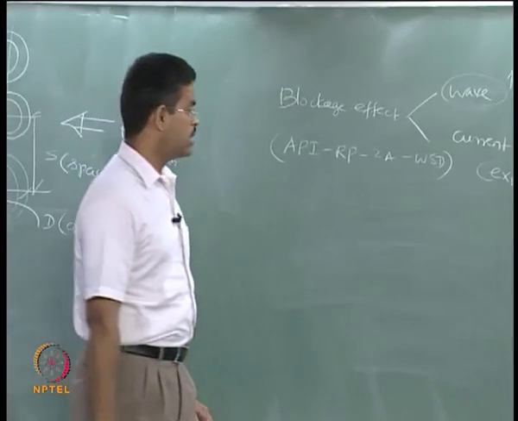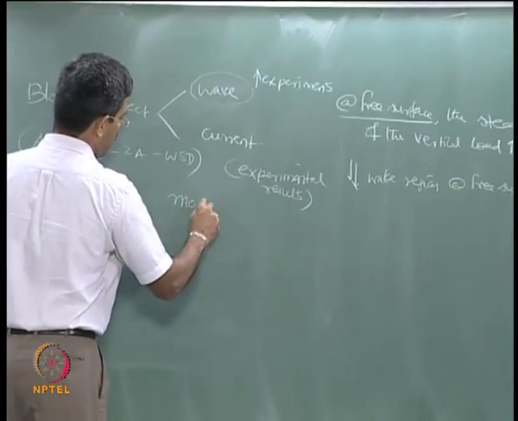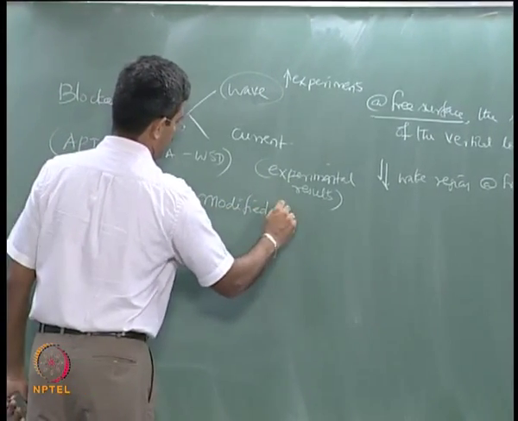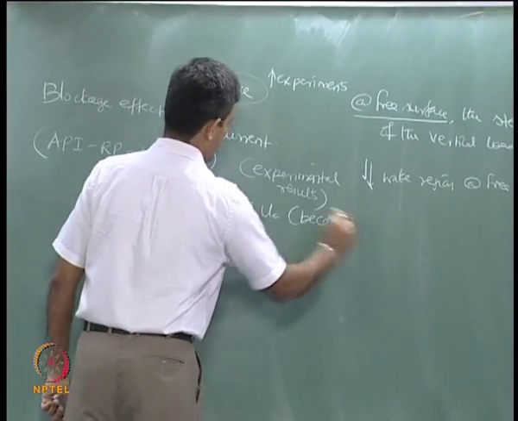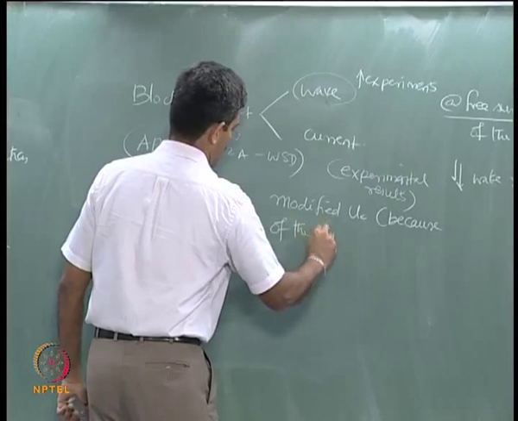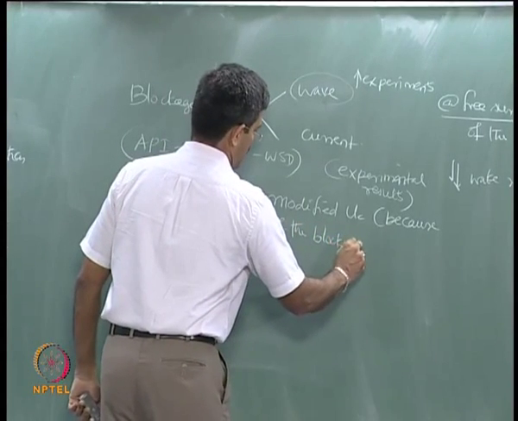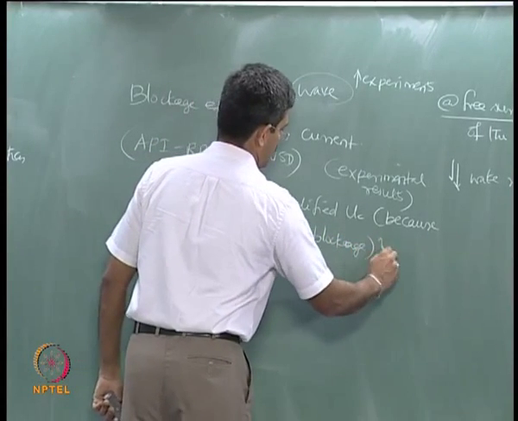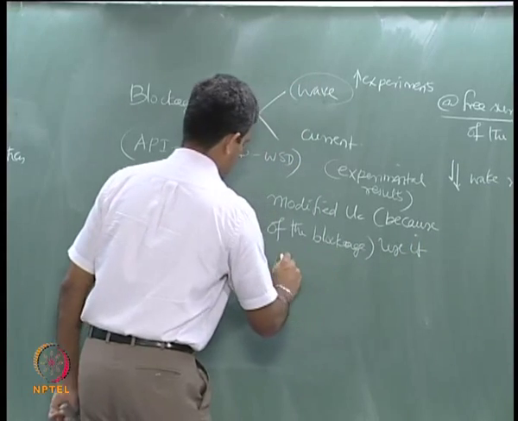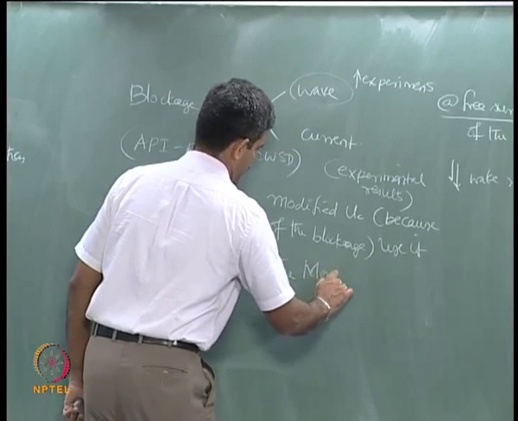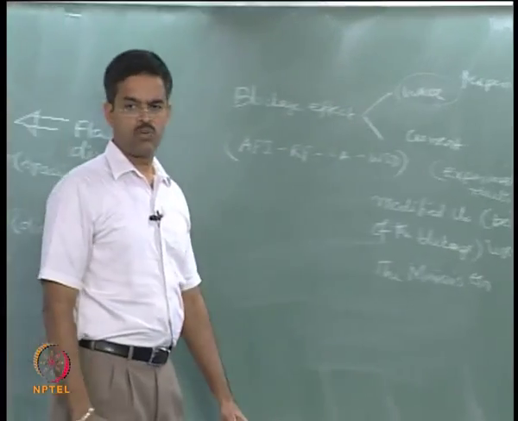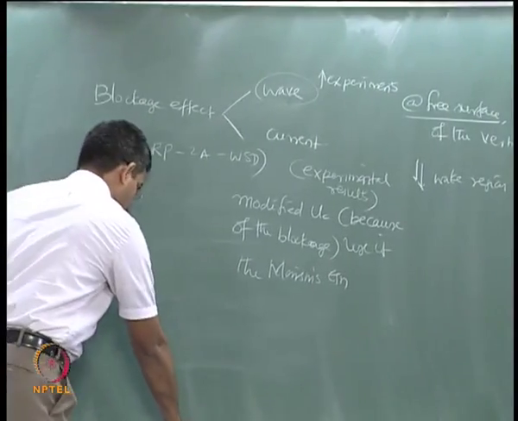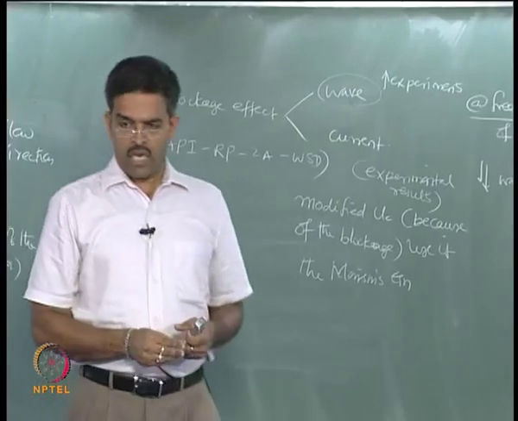Therefore, people say to find the modified current velocity because of the blockage and use it in the Morison's equation. That is what API recommends for the current velocity in case of blockage effect.